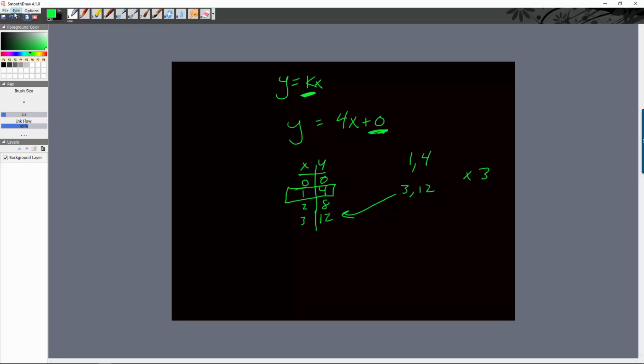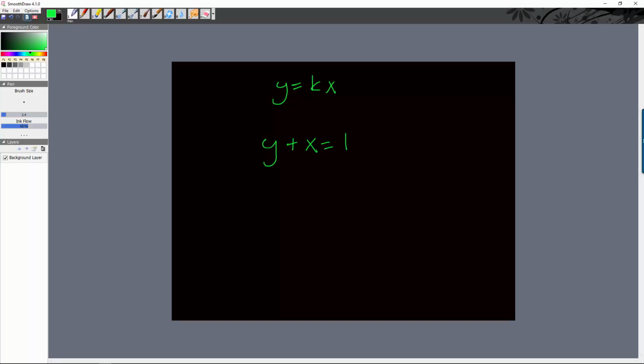So another example that you may see is something like this right here, where I'll have y plus x equals 1. And I'll say I want to figure out if this is direct variation. Well, in order to figure out direct variation, remember it's got to be y equals kx. So I have to move the x term over, right?